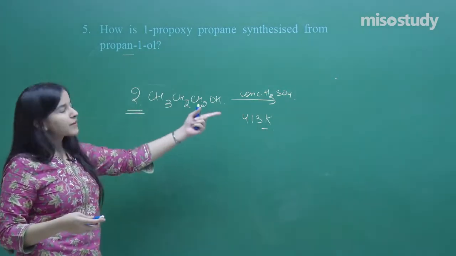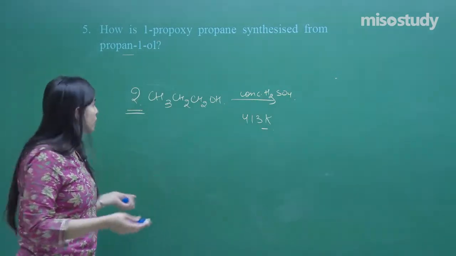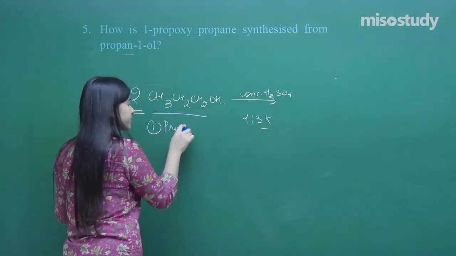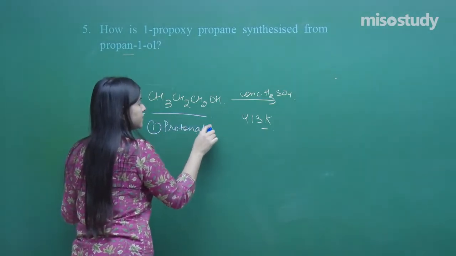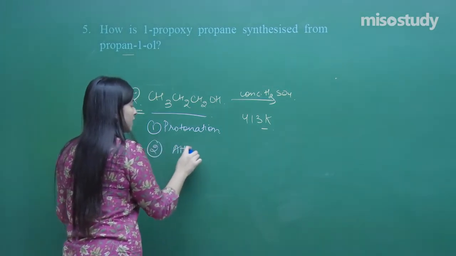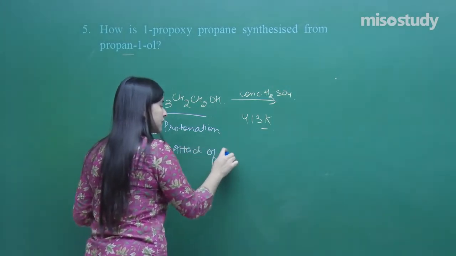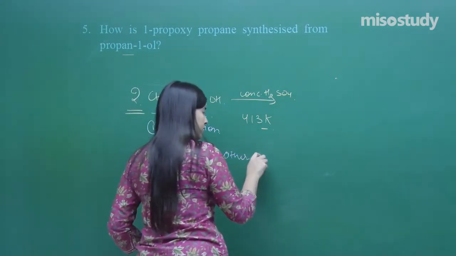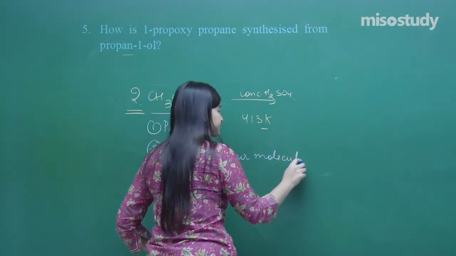Again a similar kind of mechanism, right? We all know that first will be the protonation. We have just done this. First will be the protonation, second will be the attack of the other molecule, right?